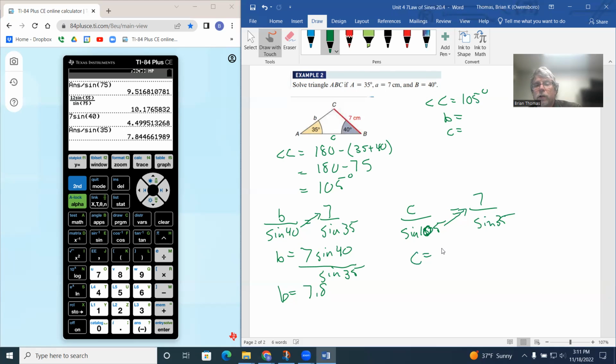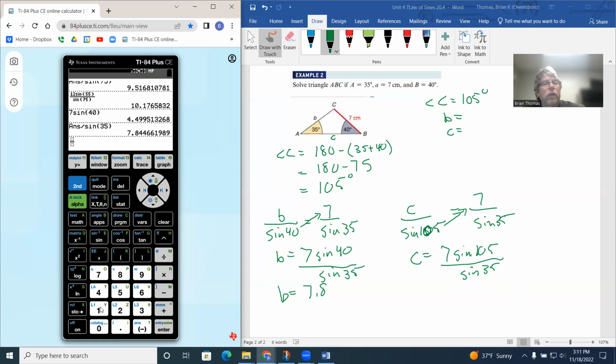So C is going to equal 7 sine of 105 over the sine of 35. If you want to do the fraction, we have 7 sine of 105, on the bottom we have sine of 35. If we hit enter, that'll give us C is equal to 11.8 if we round to the 10th place.